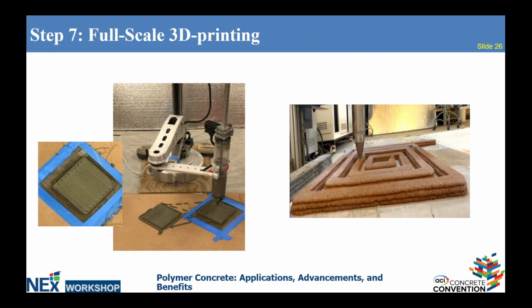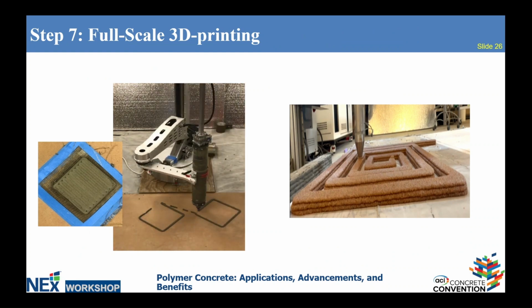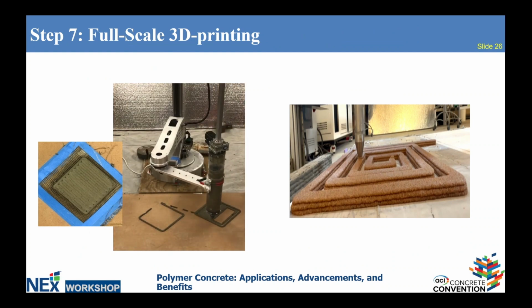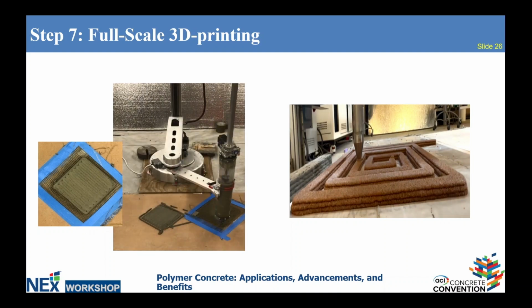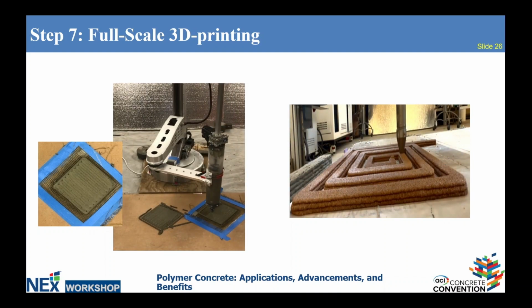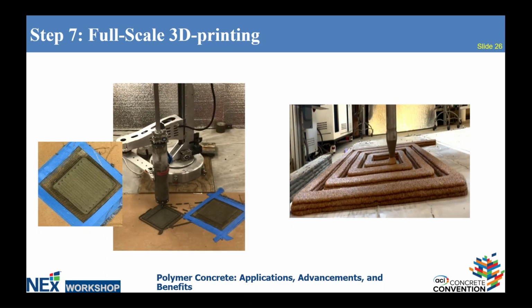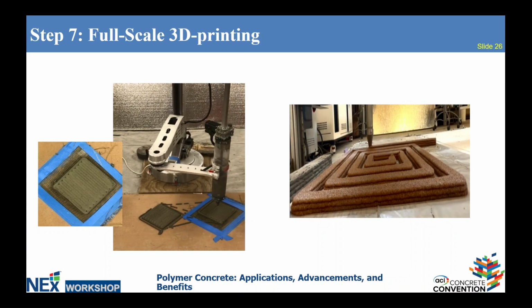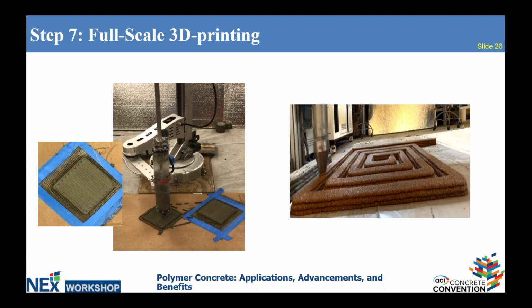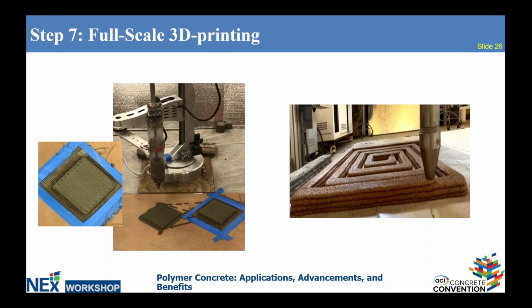And then you do a full-scale 3D printed structure. This is using a robotic arm. This is polymer concrete. And here, by using a gantry, this structure is for the acoustic black hole that I did my PhD dissertation on. So it attenuates vibrational waves.